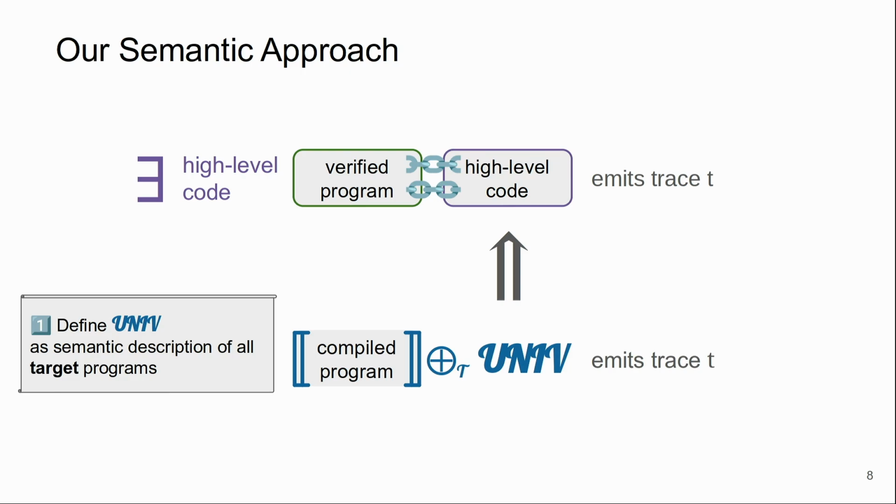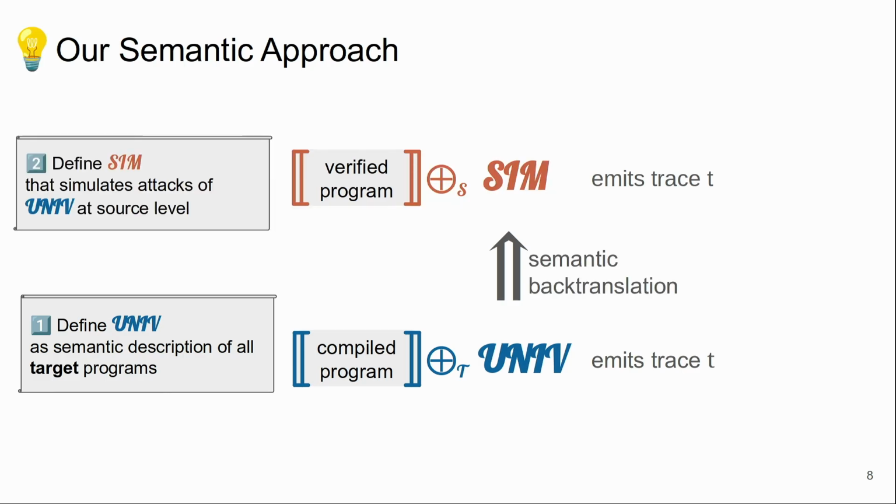Our key idea builds on top of that. We semantically backtranslate this target-level universal contract to a source-level simulator. That is, we semantically backtranslate the description of possible attacks to the source language, to a simulator that describes these possible attacks at a source level.